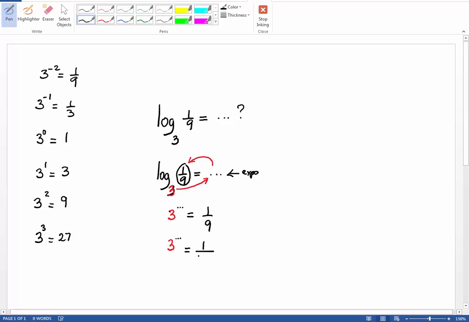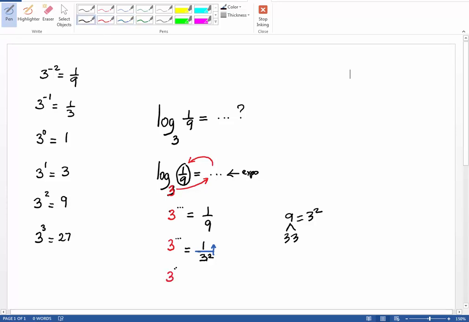Now 1/9, we know 9 is 3 times 3, or 3 squared. So just write 9 as 3 squared directly. Now because this 3 squared is underneath the fraction bar, what you would have to do is send it back up, so that you can say 3 to a power on the right-hand side.